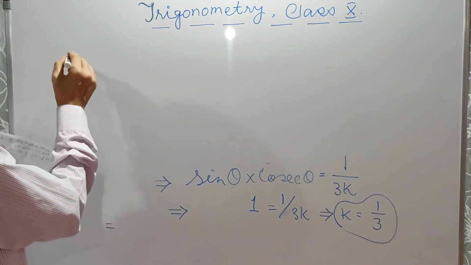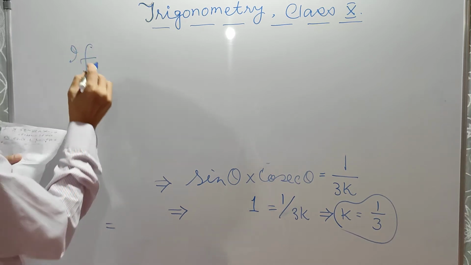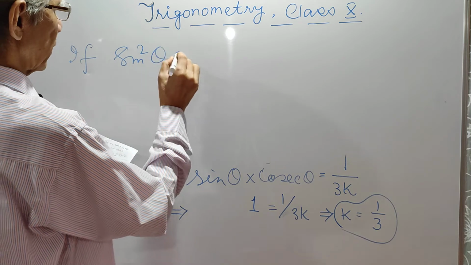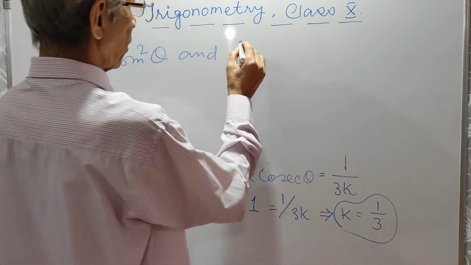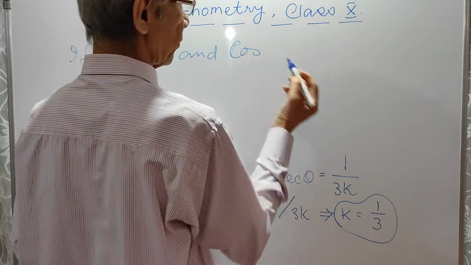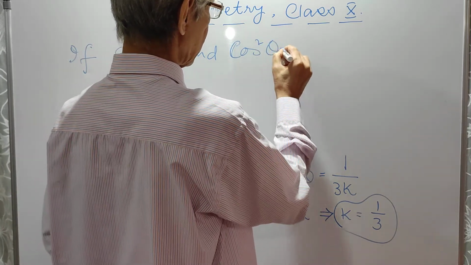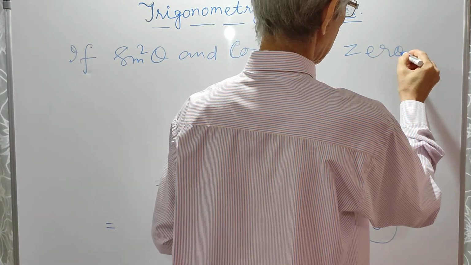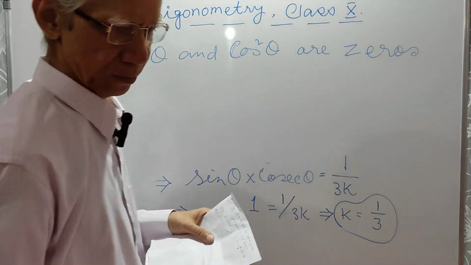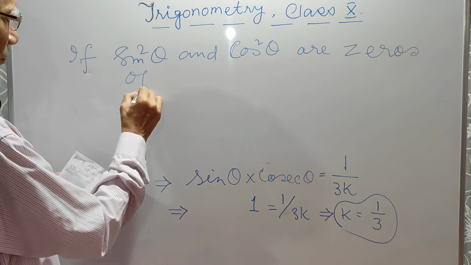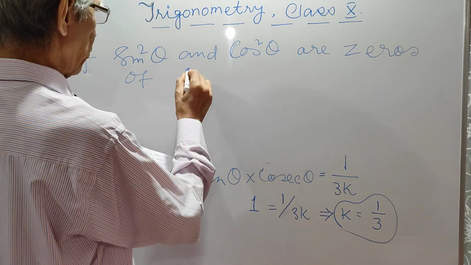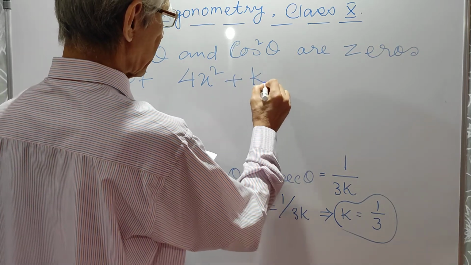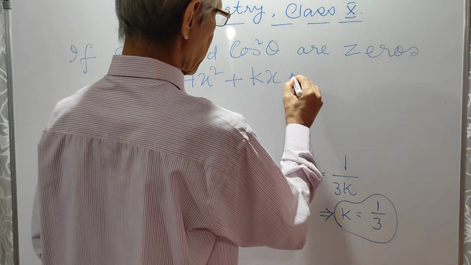Now this is the question. If sine square theta and cos square theta are zeros of the polynomial 4x square plus kx plus 1.